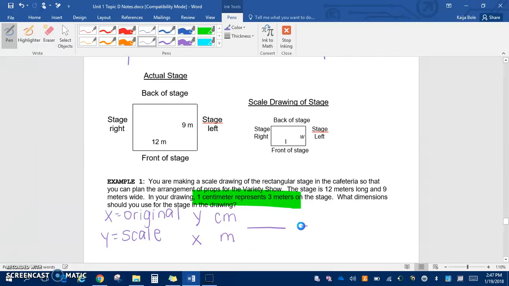And then here's our blank proportion. So, our scale drawing, remember, we decided that we were going to do centimeters on top because that was our scale drawing. We know it was 1 centimeter for 3 meters. And the only thing that we do know other than that is that it's 12 meters long. We're trying to figure out how many centimeters that would be.